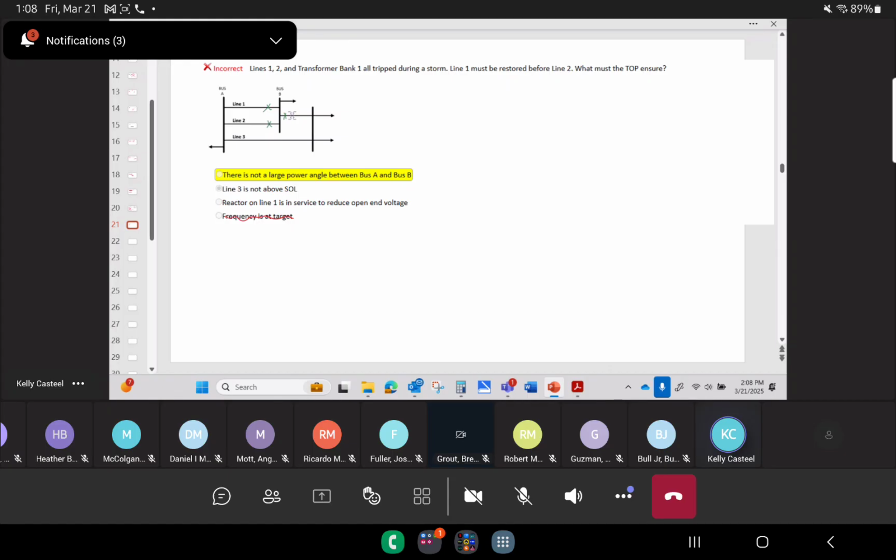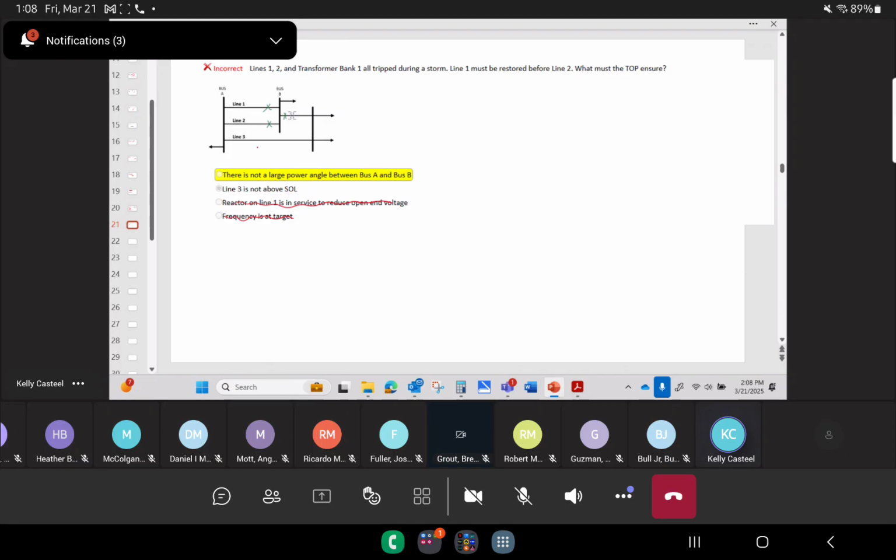Reactor on line 1 is in service to reduce open-end voltage. Well, again, it didn't say anything about there being a voltage problem. If it did give us some specifics that we had too much of a voltage difference to close that breaker to put line 1 in service, then maybe, but it really didn't say anything at all about having a voltage issue.